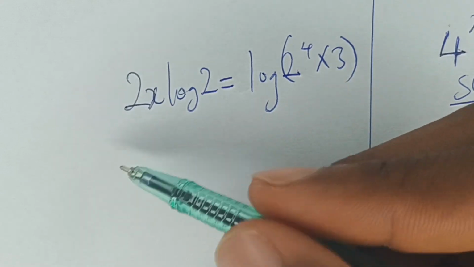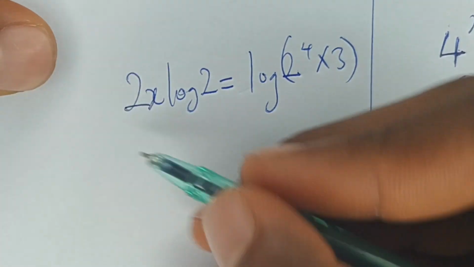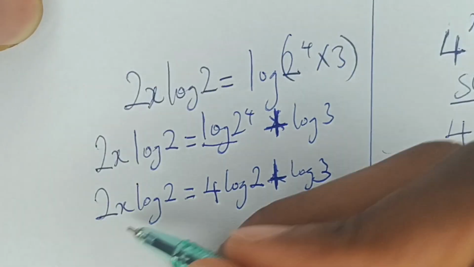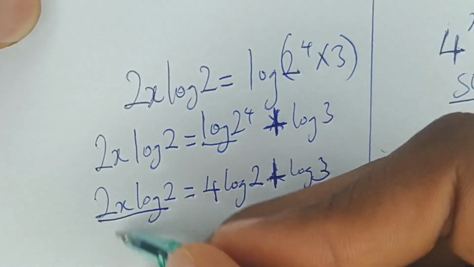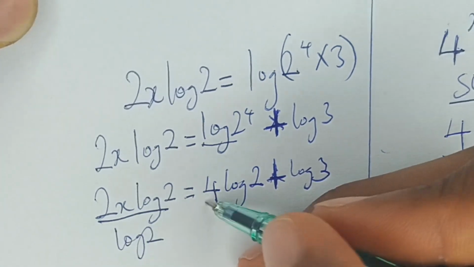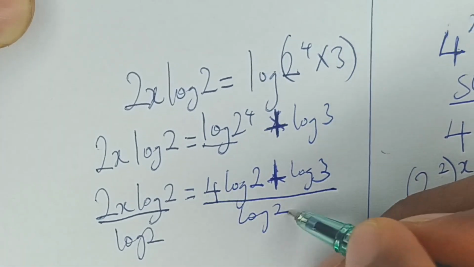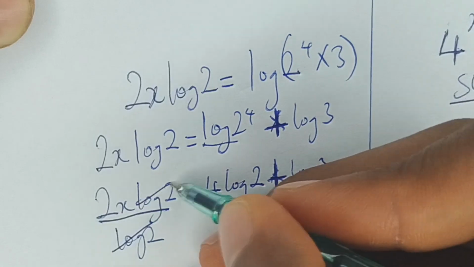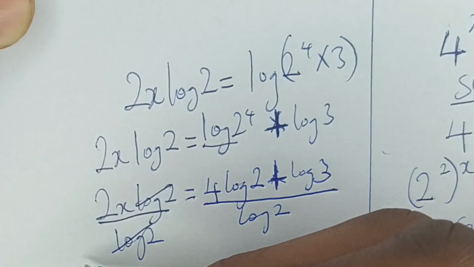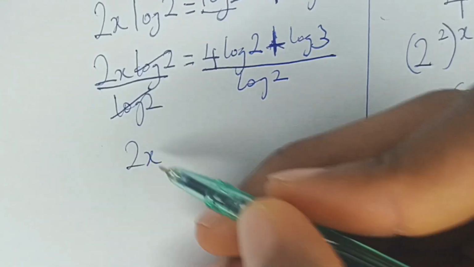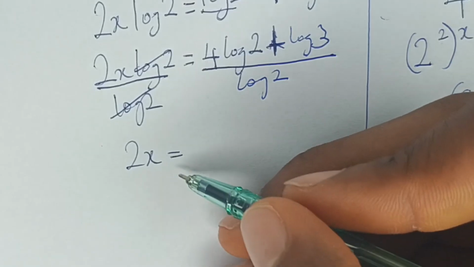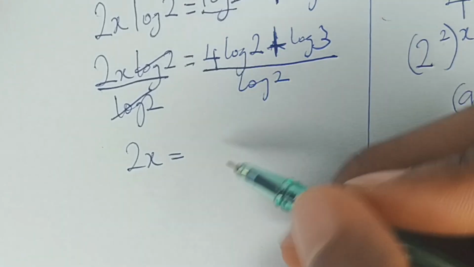Now, applying the knowledge of this formula, we are going to have, dividing both sides by log 2, we have over log 2 here, and then we have all over log 2 here. So log 2 will take log 2, so that what I'm left with on the left hand side is 2x, to be equal to, now we can expand this fraction.